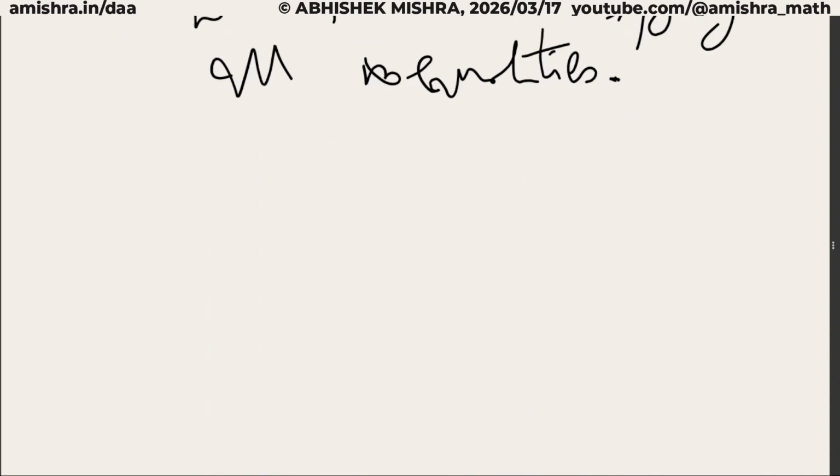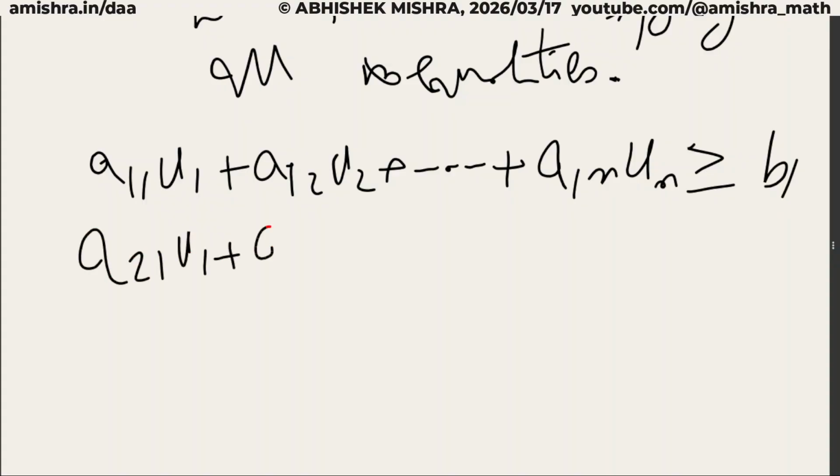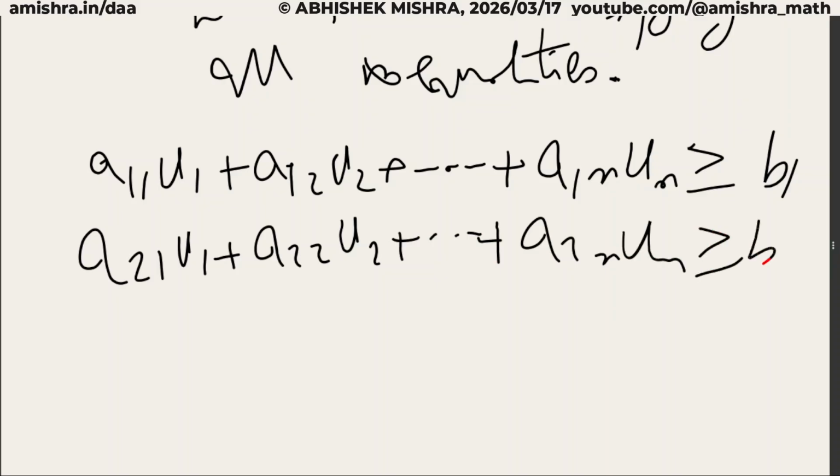So first we can write like this: A11 U1 plus A12 U2, this goes up to A1n Un is at least B1, and so on. Continue like this. A21 U1 plus A22 U2 plus, goes up to A2n Un is at least B2.